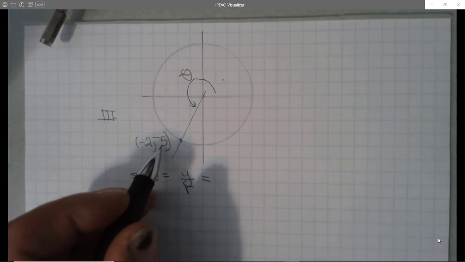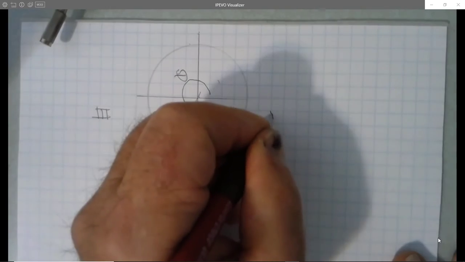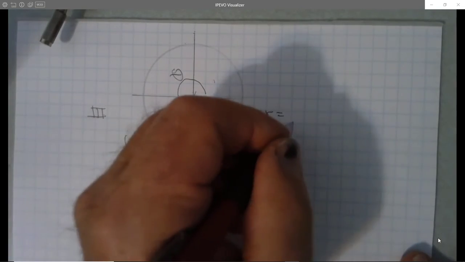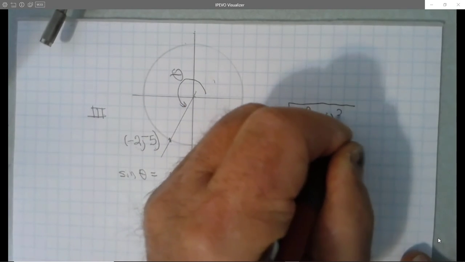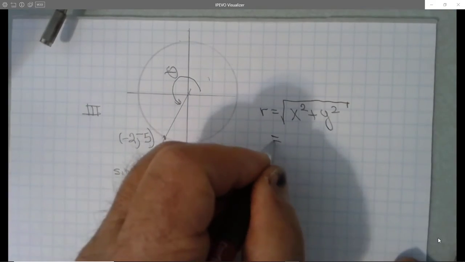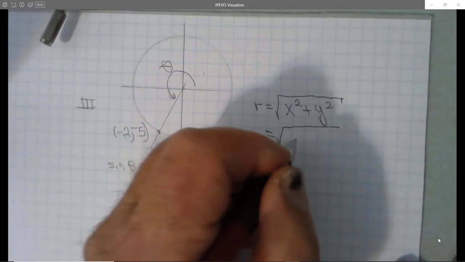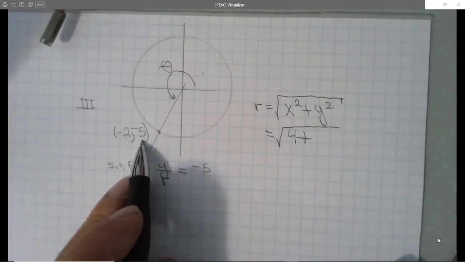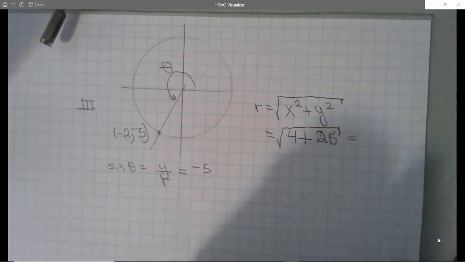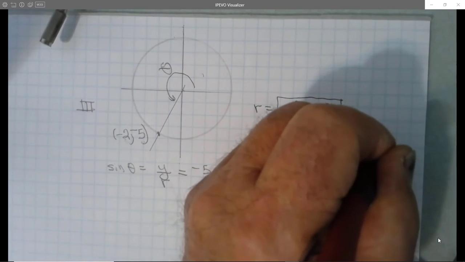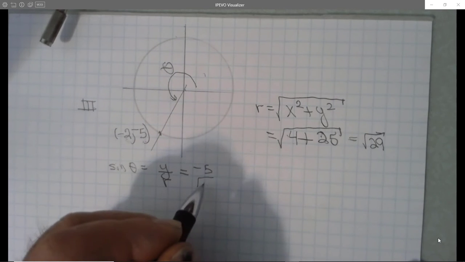The y-coordinate is -5, and the radius of the circle is something we need to figure out. Well, the radius of the circle is the square root of x squared plus y squared. Minus 2 squared is 4. Minus 5 squared is 25. 25 and 4 make 29, root 29, and 29 is a prime number. We can't factor that. So over root 29.